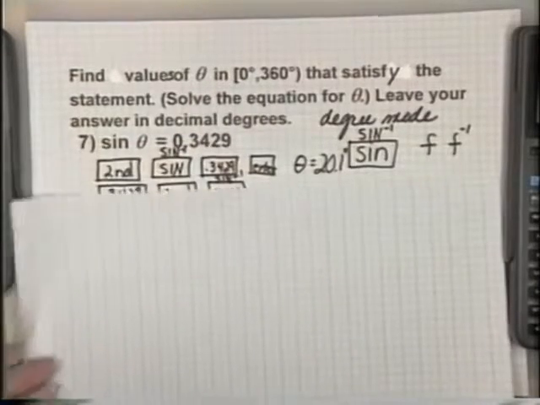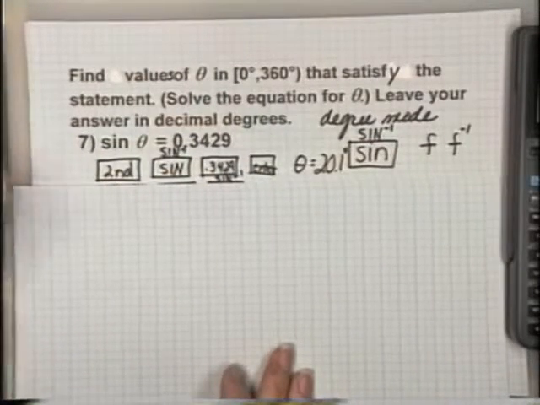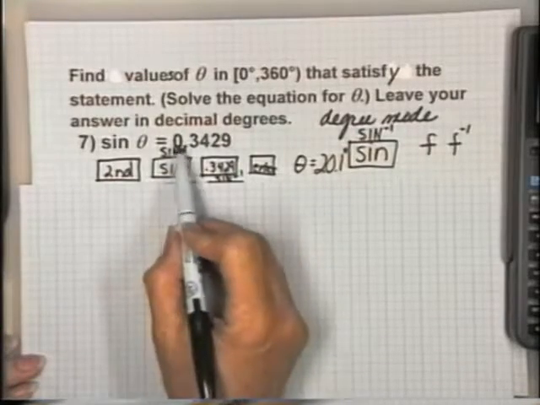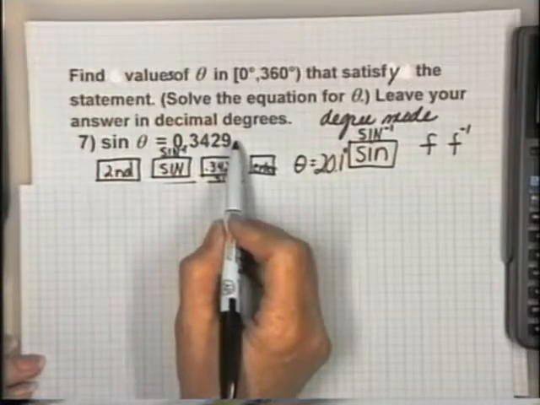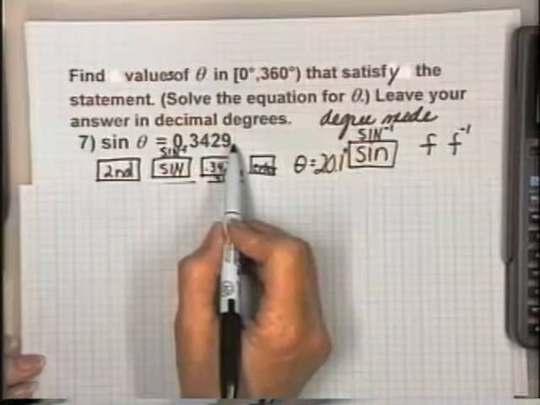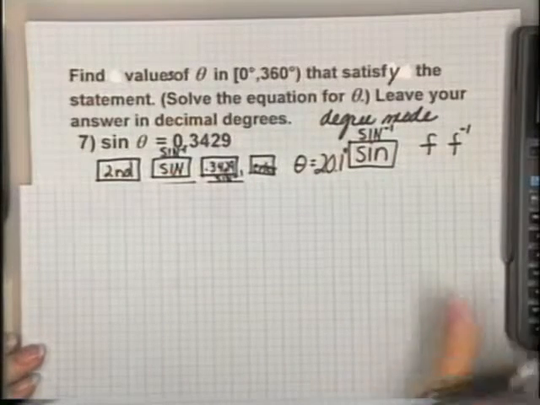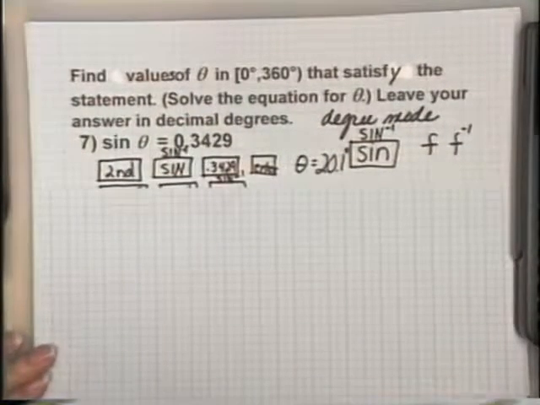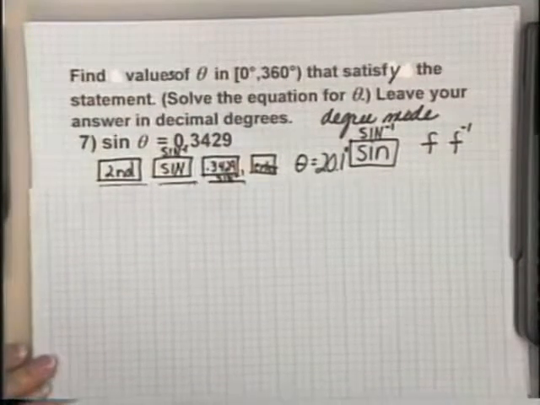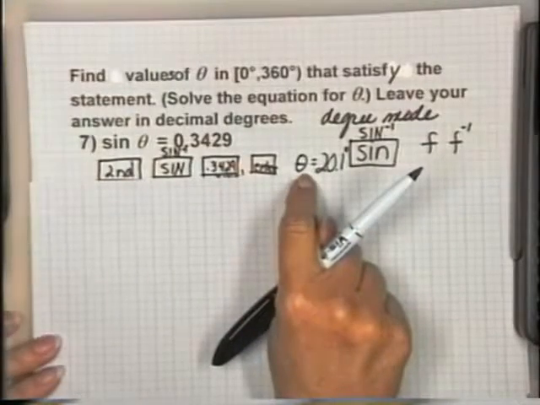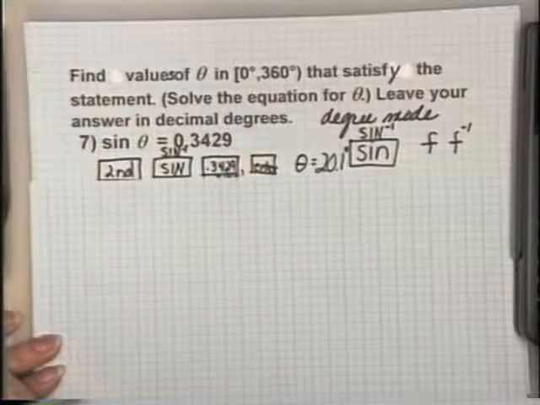Now we need to find the other angle. Now notice that this sine function is a positive 0.3429. So the other angle is going to be in a quadrant where the sine function is positive. Well, there are only two quadrants where the sine function is positive, the first quadrant and the second quadrant.